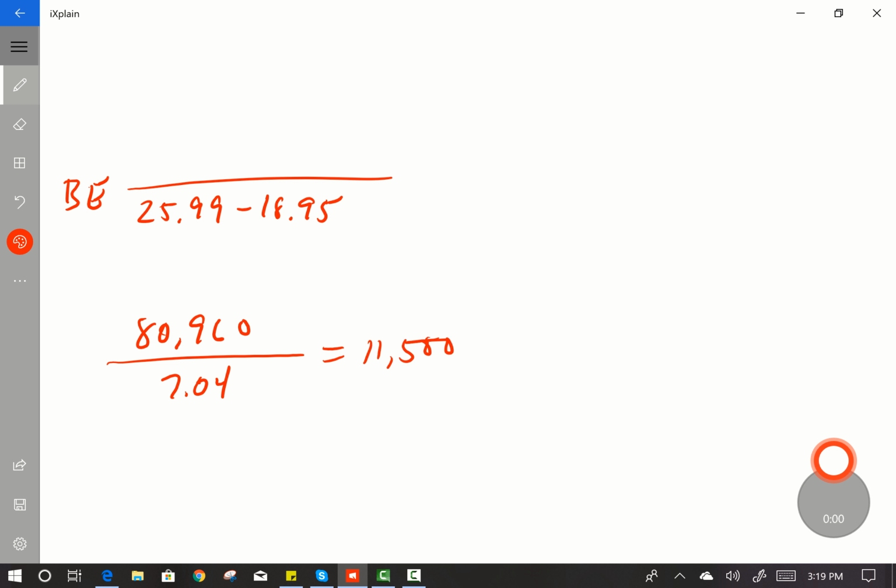So therefore, we must sell 11,500 units to cover the cost, and every unit sold after this break-even point generates a contribution margin of $7.04. For each calculator that we sell, $7.04 goes to cover the fixed costs and results in a profit. Then I have a couple of other questions I want to ask, in addition to some markdown types of problems.